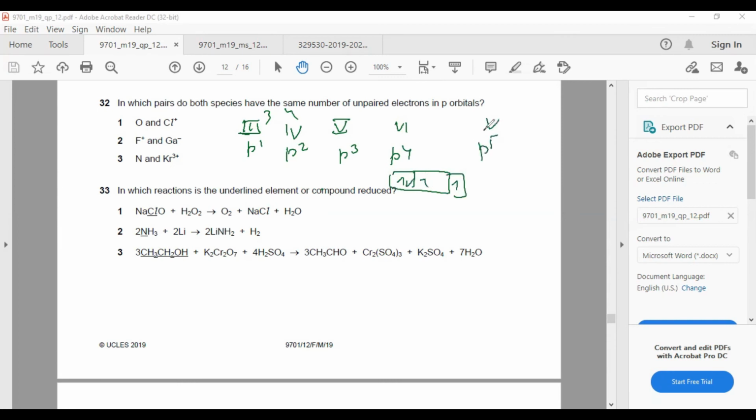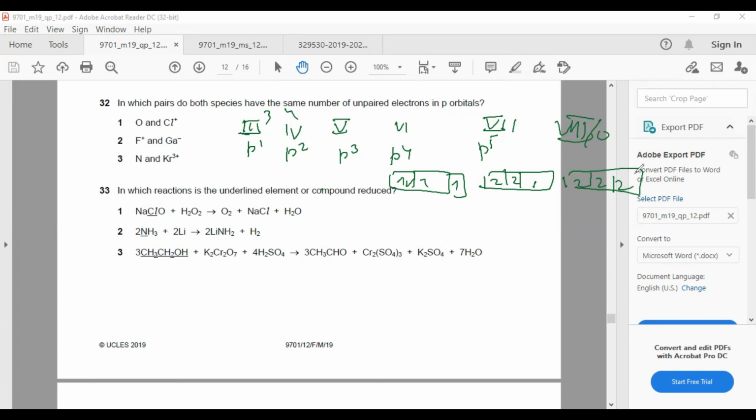Group 7, P5 means 1 unpaired. Group 0, old group 8, has no unpaired electron.